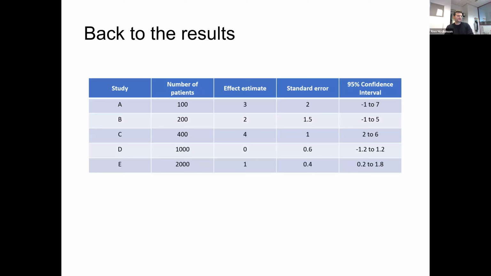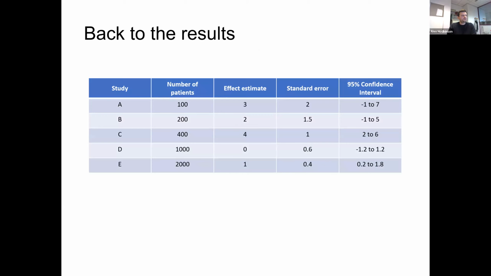Going back to our wonder drug example, you can see we've got these 5 studies, A to E, with very different sample sizes of recruitment and different effect sizes, and we've also calculated the standard errors and the 95% confidence intervals. Because we're calculating a mean difference here, if the confidence interval includes 0, there's a non-statistically significant effect.